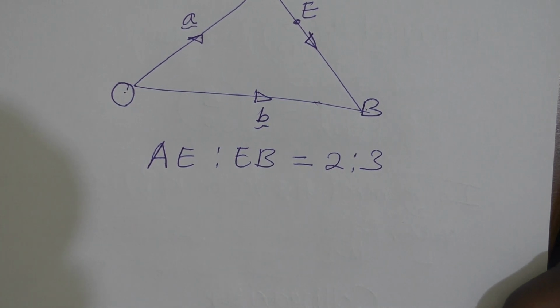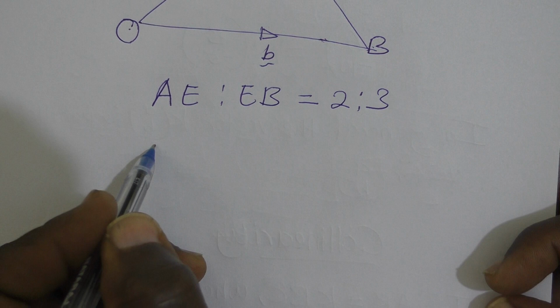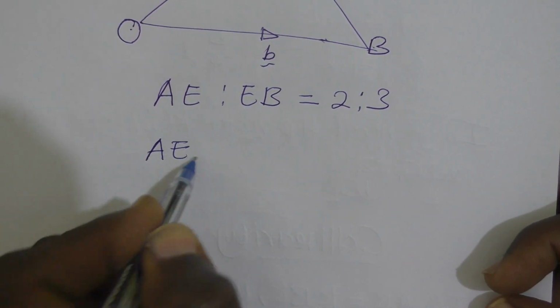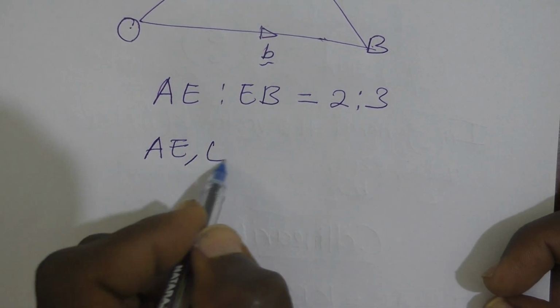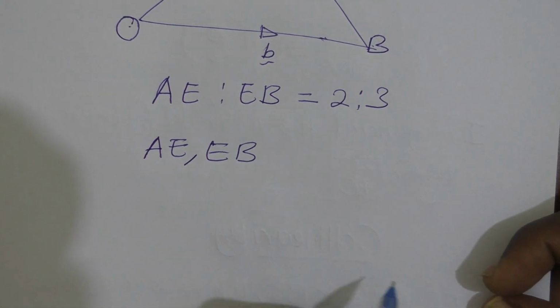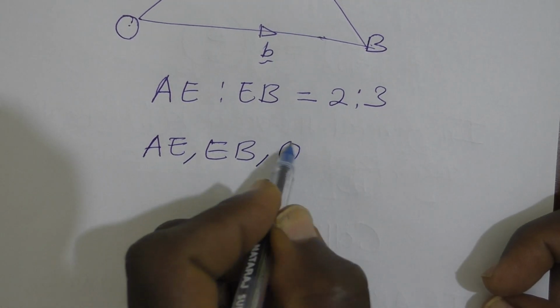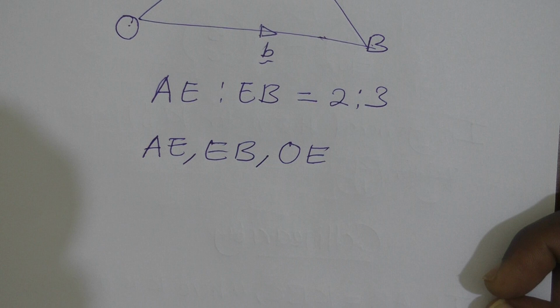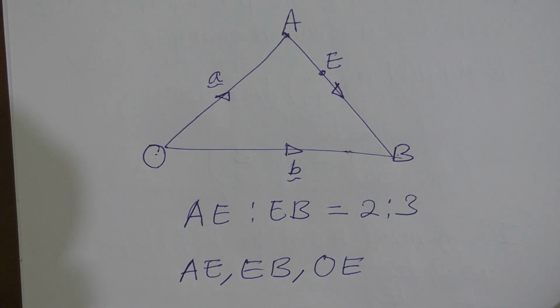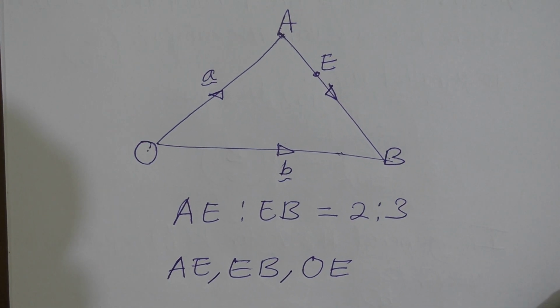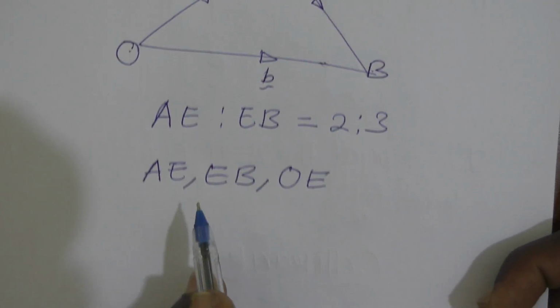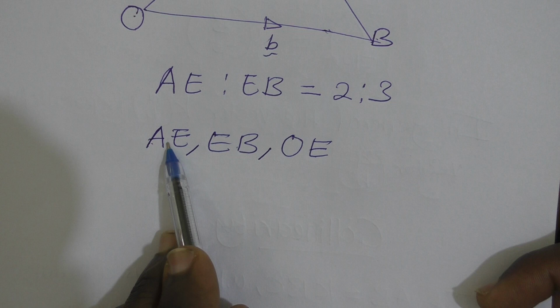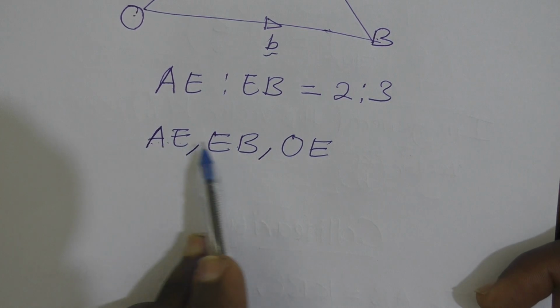So the question is, how do I get vector AE? How do I get vector EB? How do I get vector OE? This is where it is very important, so please be attentive. Now, how do we get the two vectors first of all, AE and EB?